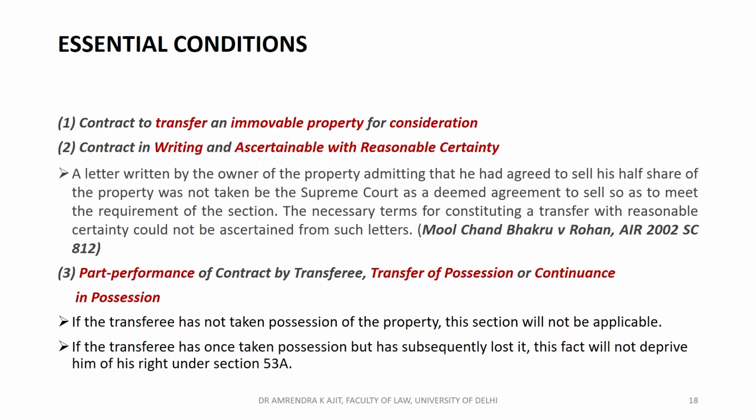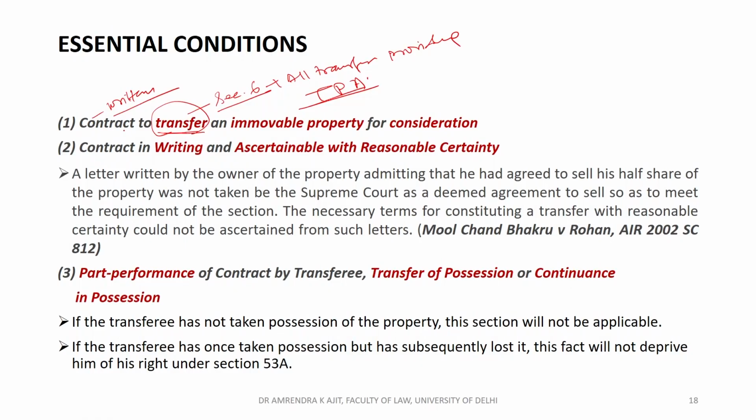the essential conditions. First of all, a contract to transfer an immovable property for consideration. What are the essential criteria? First of all, there must be a written contract to transfer the property, and this transfer is according to section 6. That means that which cannot be transferred will not fall under this category, plus all kinds of transfer provided under the Transfer of Property Act.